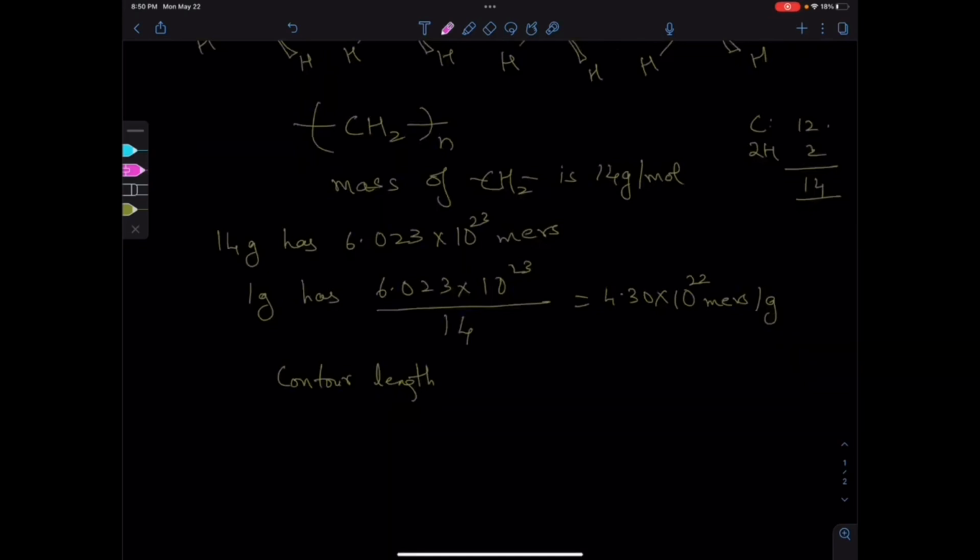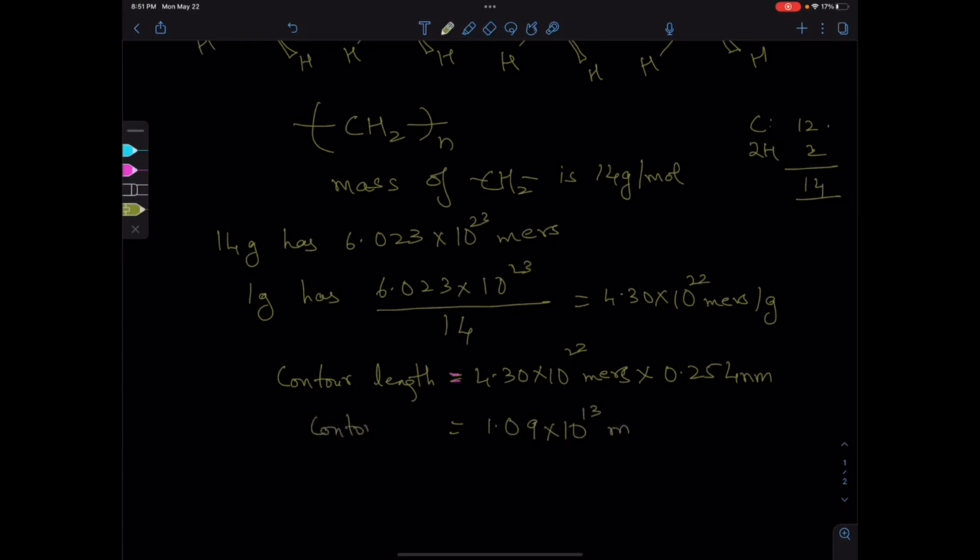Contour length is going to be 4.30 times 10 to the 22 mers times 0.254 nanometer, which is given as the length of 1 mer. So if you multiply, we get 1.09 times 10 to the 13 meters. So that is the contour length of this giant polyethylene molecule.